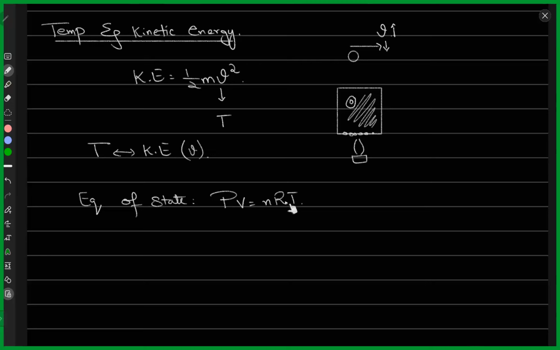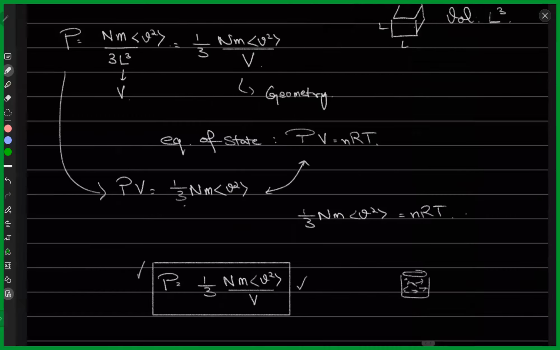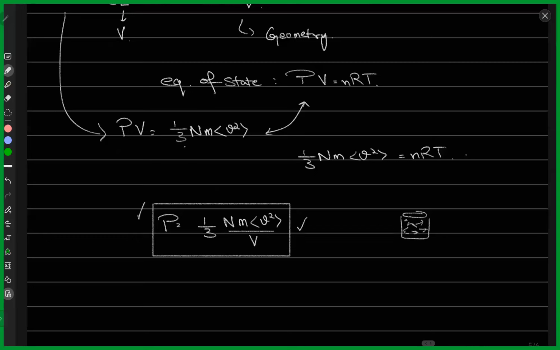Now, if I want a relation between temperature and velocity of the particle, then I have already derived a relation relating pressure with the velocity, right? We did that over here, right? This was the relation: P is equal to 1/3 n m, expectation value of v squared, divided by the volume.